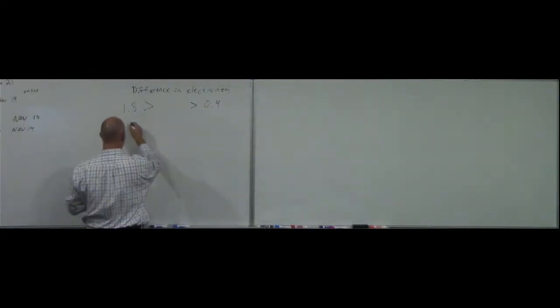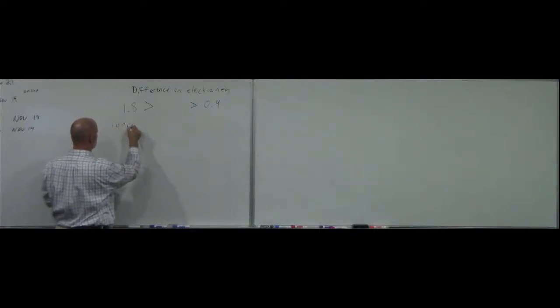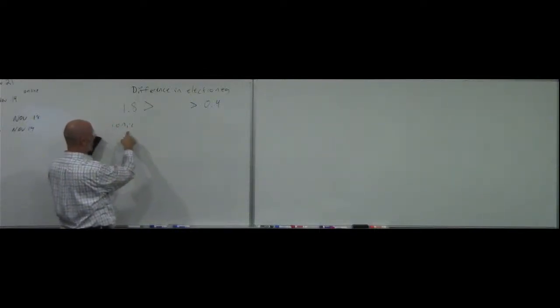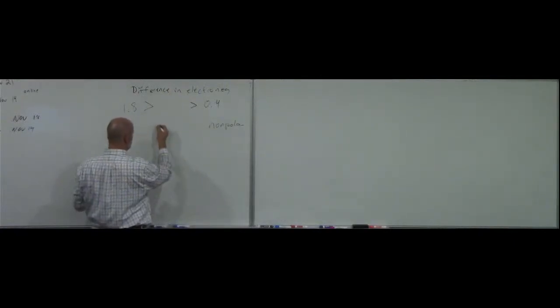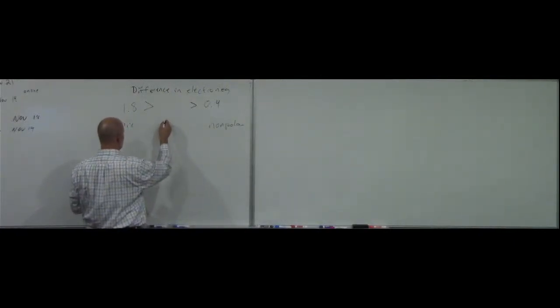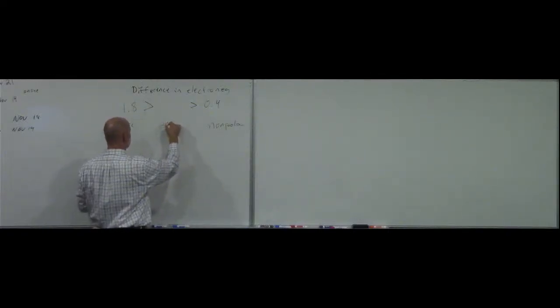Okay, this is our range. Then this is going to be ionic. Over here, anything 1.8 or greater. This is going to be truly nonpolar, 0.4 or less, and this one is going to be polar.